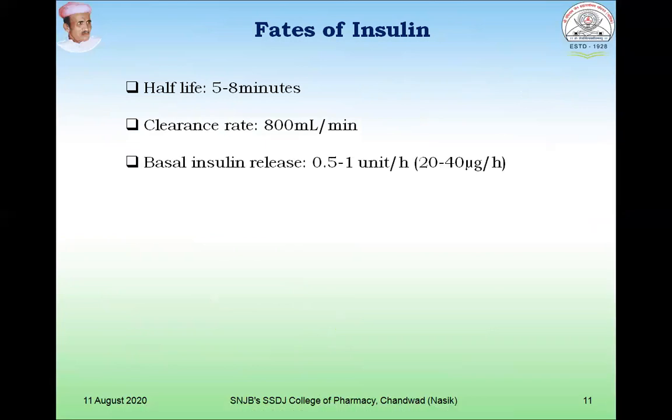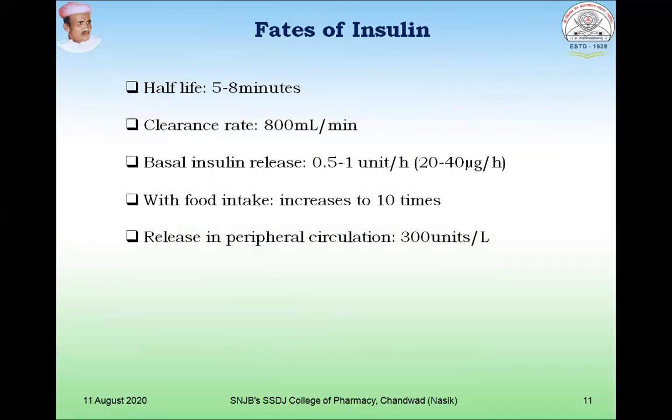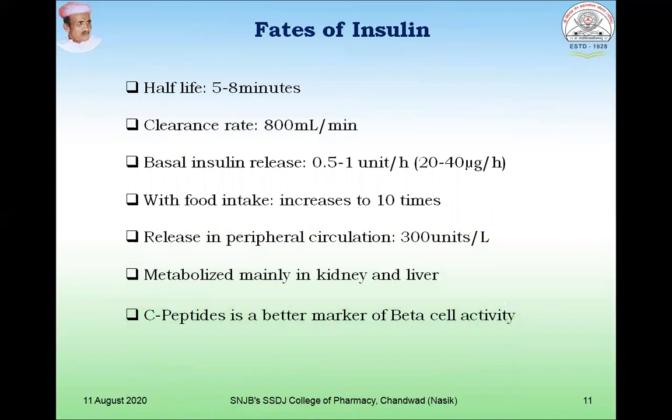Basal insulin release is 0.5 to 1 unit per hour, and with food intake this rate increases 10 times. It is released in peripheral circulation at 300 units per liter, and metabolized mainly in the kidney and liver. And C-peptide is a better marker of beta cell activity.